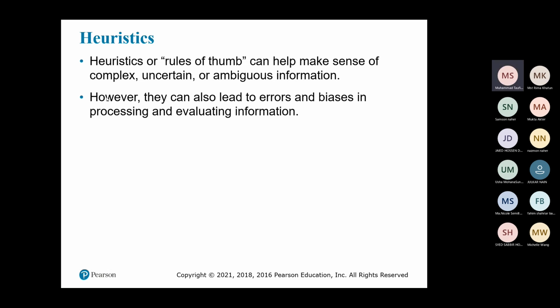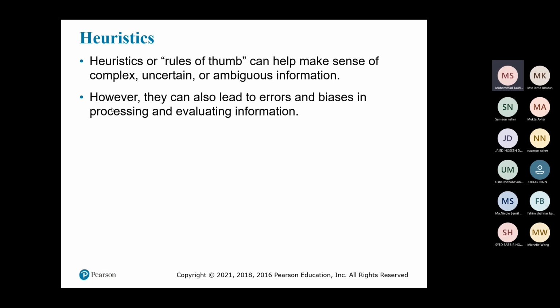You can use your rules of thumb when you are facing a very complex problem that you don't have lots of information about. It means that you can make what I call an initial decision. Maybe because you have to solve the problem quickly, so you just make your first move first.